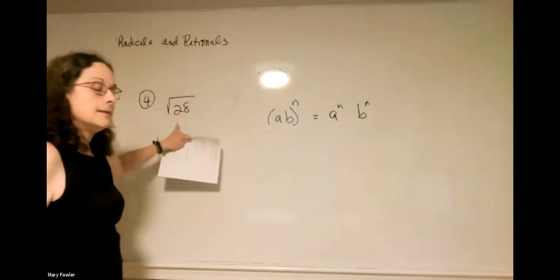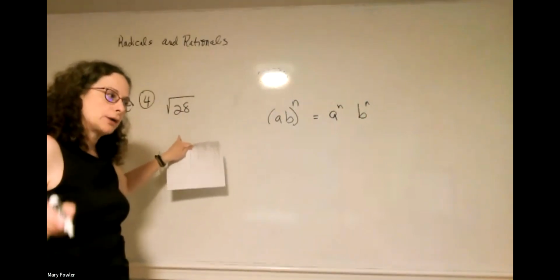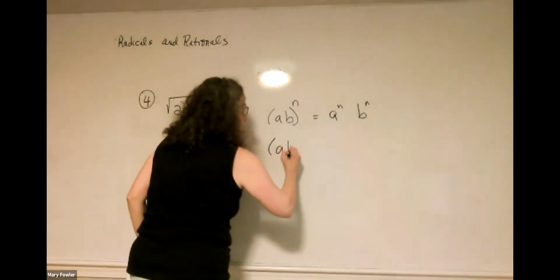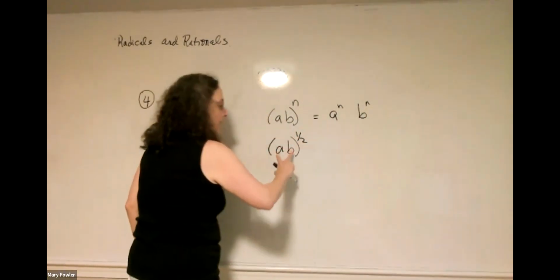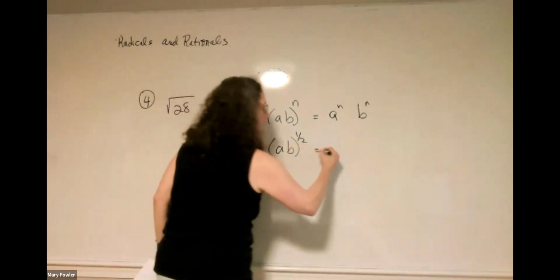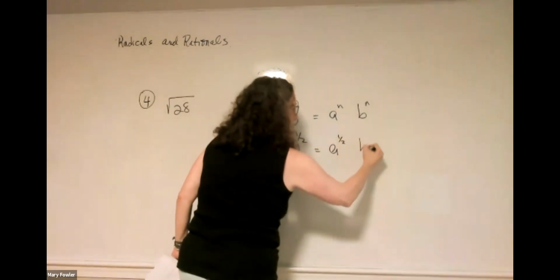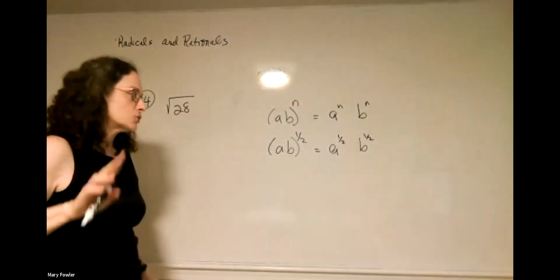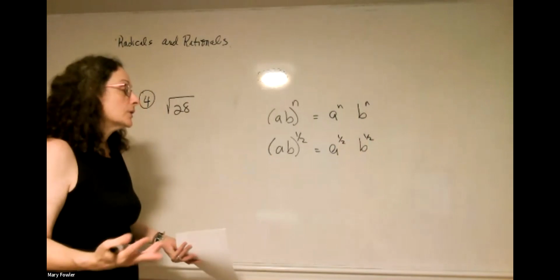And in the situation where we're talking about a square root, the power is a half. So that's saying ab raised to the 1/2 power is a to the 1/2, b to the 1/2. I can write this in terms of a square root.